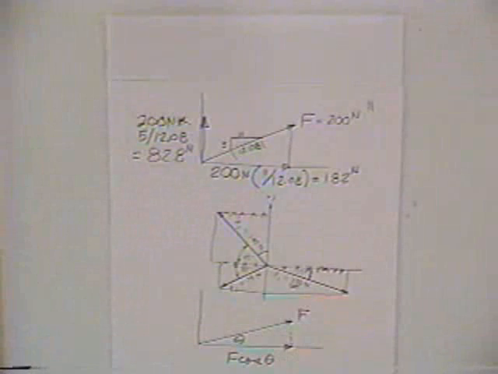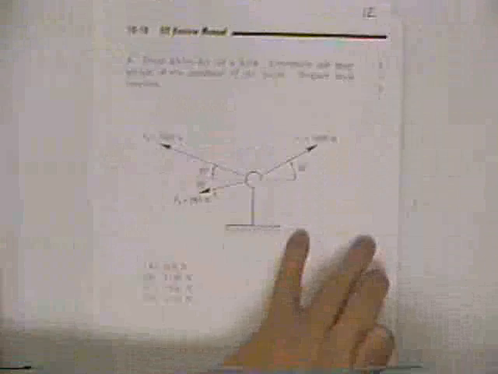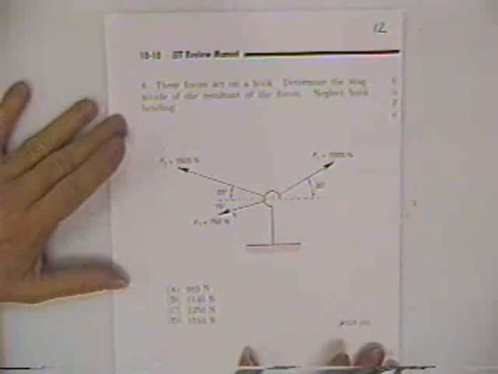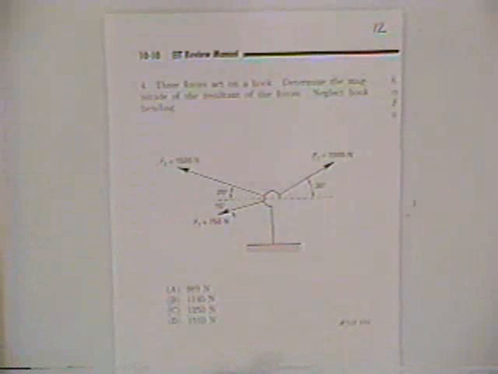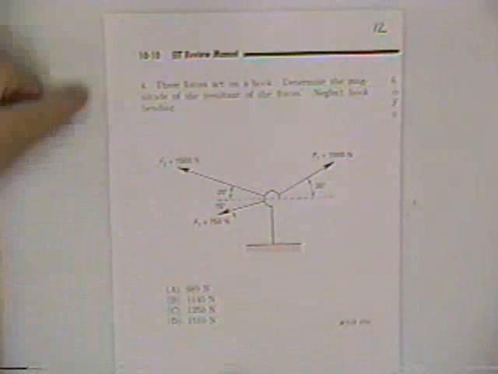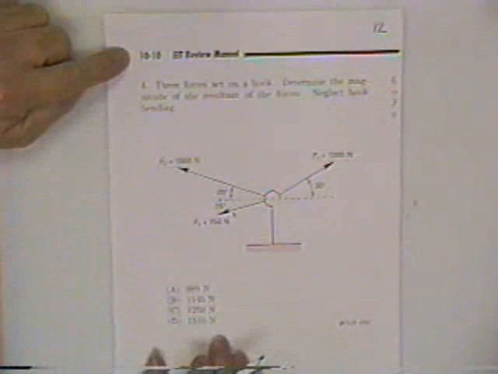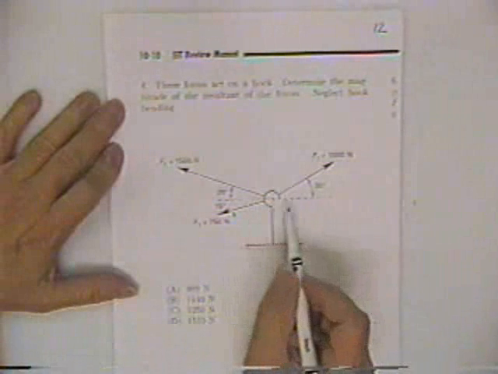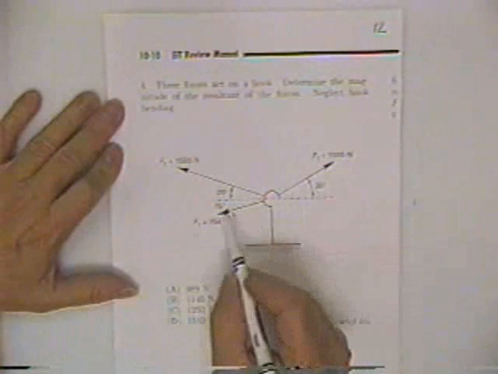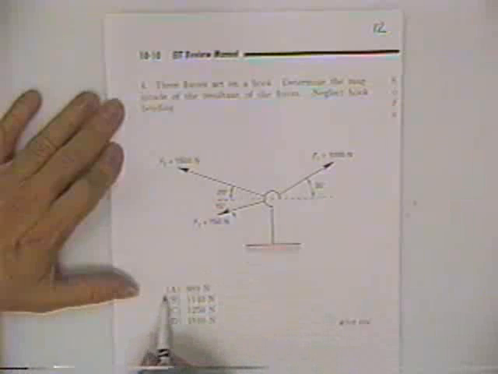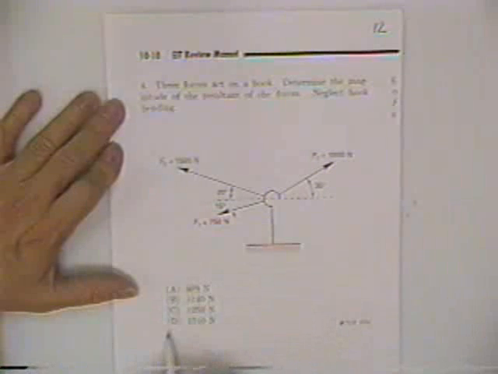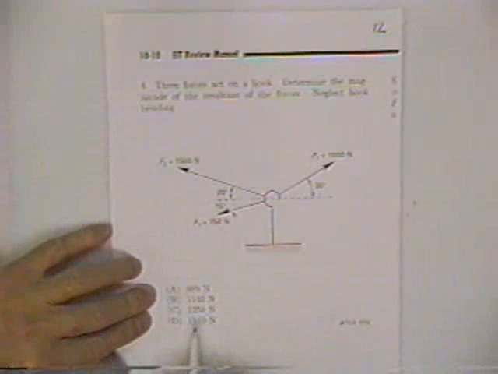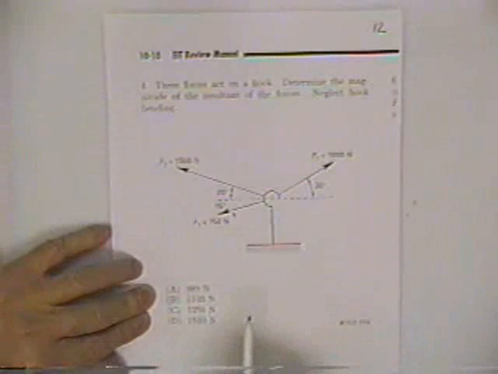All right, a typical problem on the exam. This one came out of the review manual. It's in section 1010 in your manual that we sent you. There would be 3 forces. Given the angles at which those forces sit, your choice is which one of these is the appropriate resultant of this set of forces acting on this steel hook.